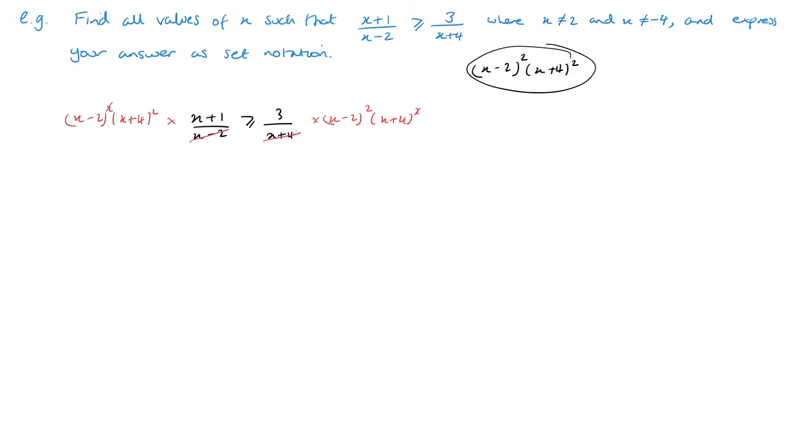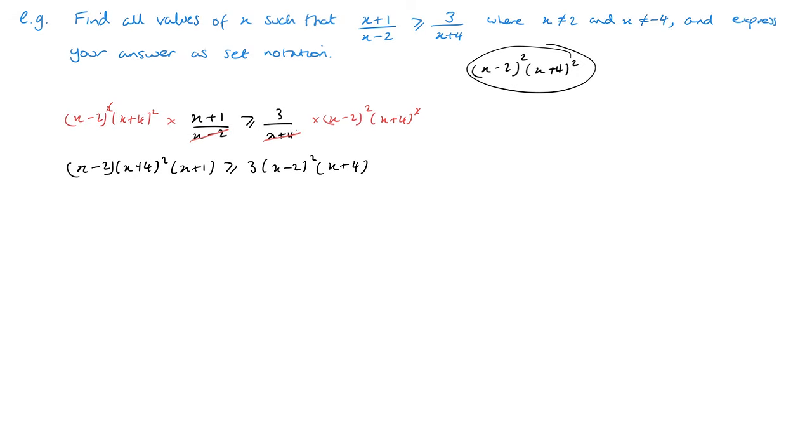Okay, so what that's going to leave me with on the left side is x minus 2, x plus 4 squared, x plus 1. And on the right is 3, x minus 2 squared, x plus 4. And now I can take everything to one side.